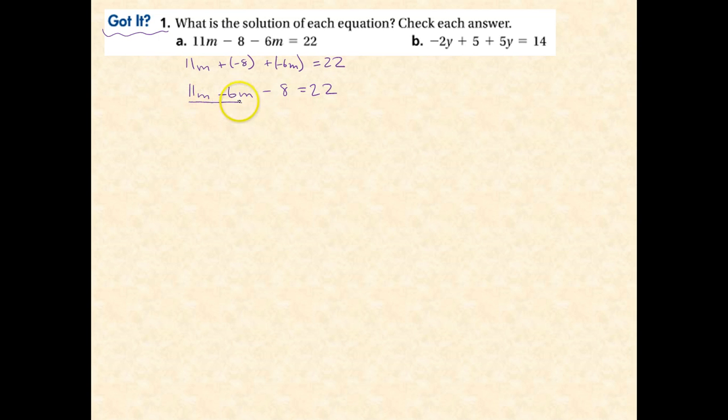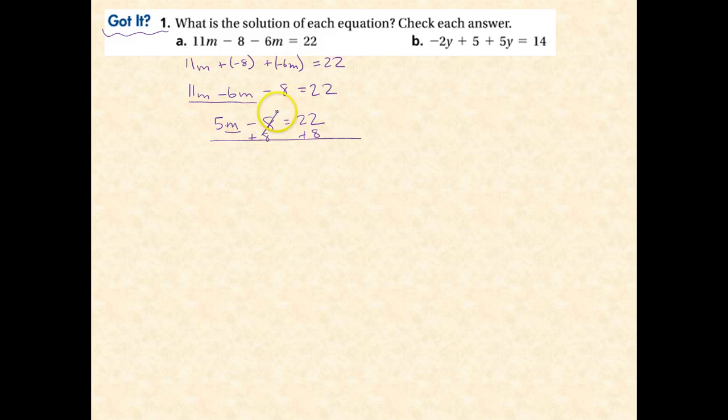And I can combine these like terms. 11 minus 6, you said it, it's 5. So 5m minus 8 is 22. Here's my variable. What's happening to it? It's multiplied by 5. 8's being subtracted. And I need to get rid of addition and subtraction first. So I'm going to add 8 to both sides, because that is the opposite of subtracting 8.